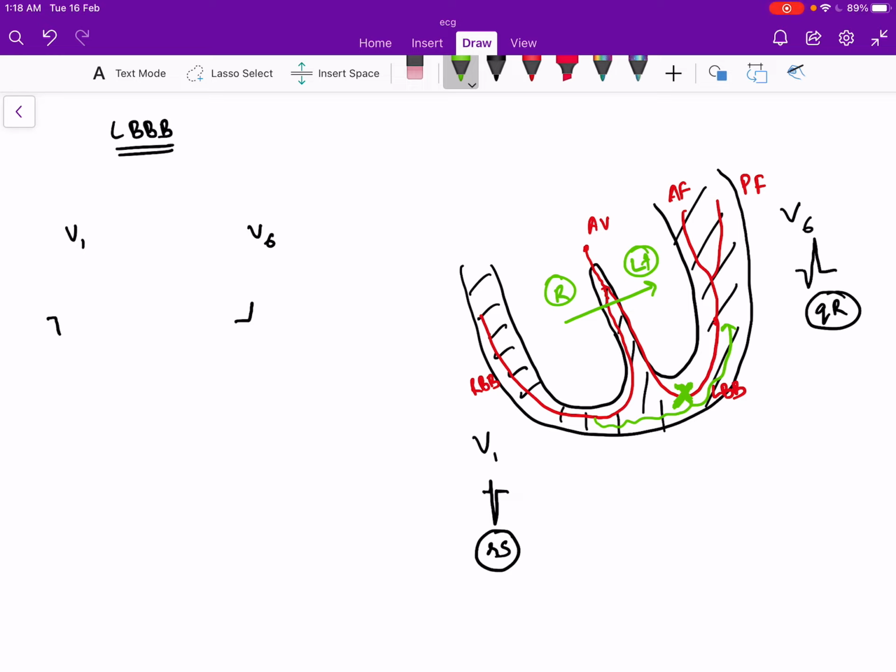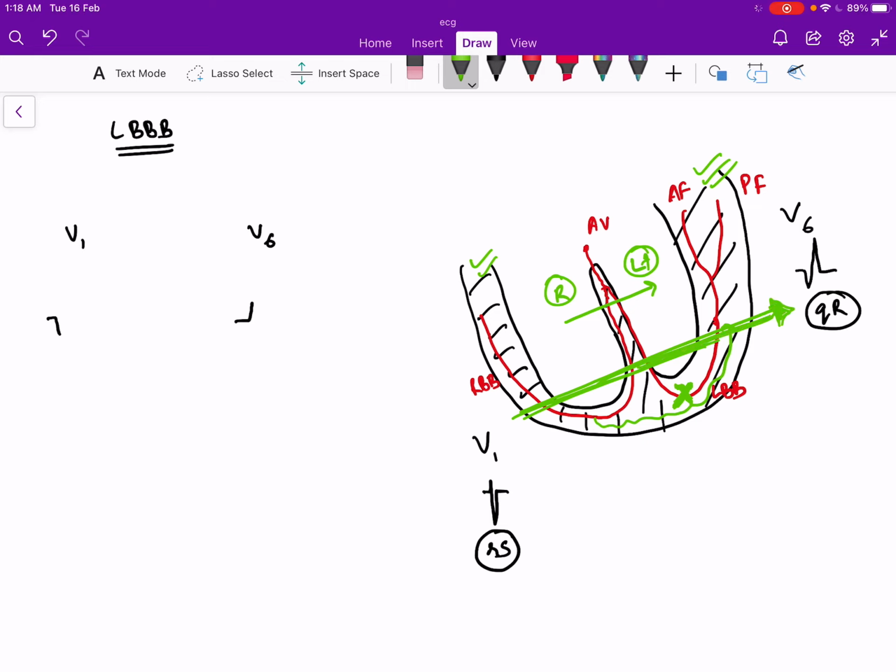We have to notice one thing: even when the depolarization of the right ventricle has stopped, the depolarization of the left ventricle continues, as it started late, and the total ventricular muscle depolarization vector will lie in this direction.